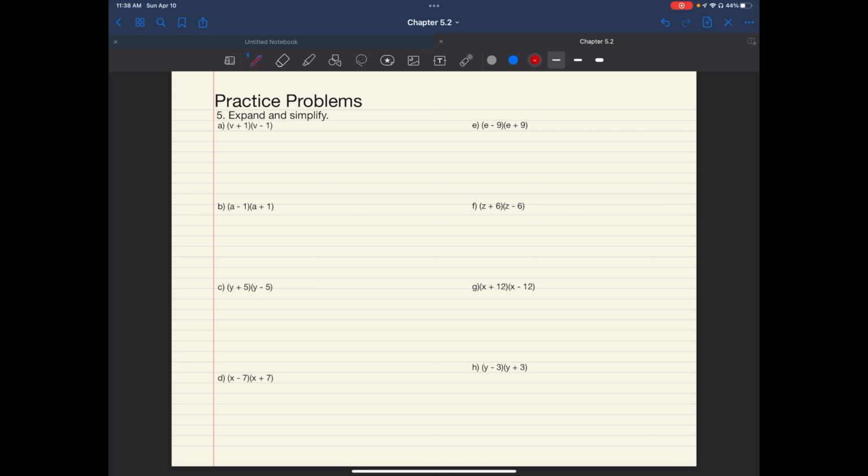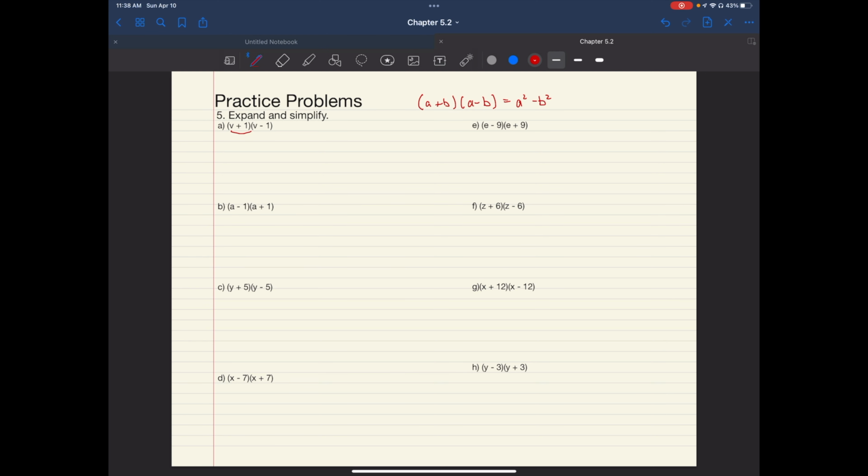Okay, number 5. So these are all difference of squares, it's called. So when we have a plus b times a minus b, that's going to equal a squared minus b squared.